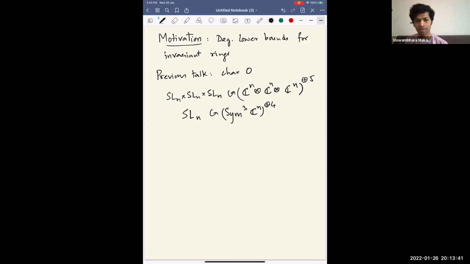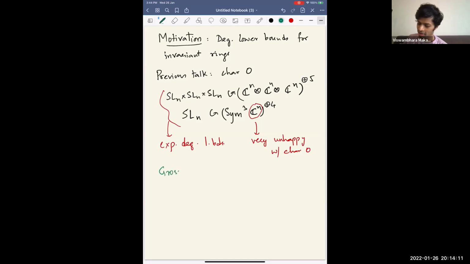But what I was very unhappy with was that when we first wrote that paper on exponential lower bounds, for these we got exponential degree lower bounds, which was the point of that paper. I was very unhappy with characteristic 0. So let me give a very quick overview of what we had to do there. I tried to use this thing called Grosshans' principle.